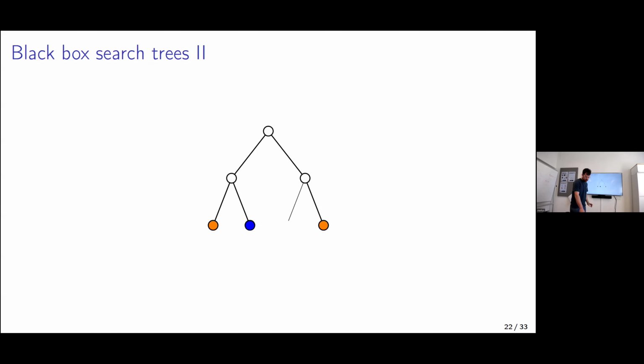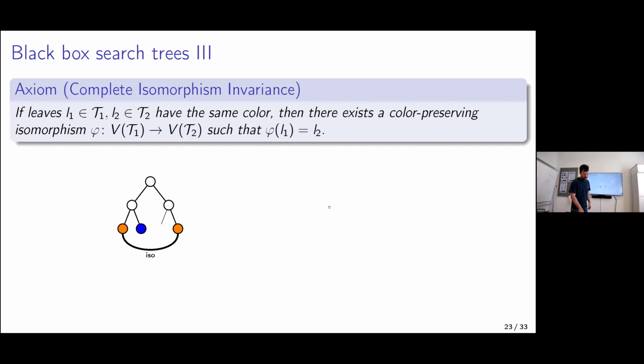Okay, now you might be wondering why I'm not revealing this last node here. That's because actually I know what this last node has to be. There is one more property that is really, really important, and it's called the complete isomorphism invariance. Now, what does it say? It says that if you have 2 equally colored leaves in these trees, then there must be an isomorphism of the tree that maps these 2 leaves onto each other.